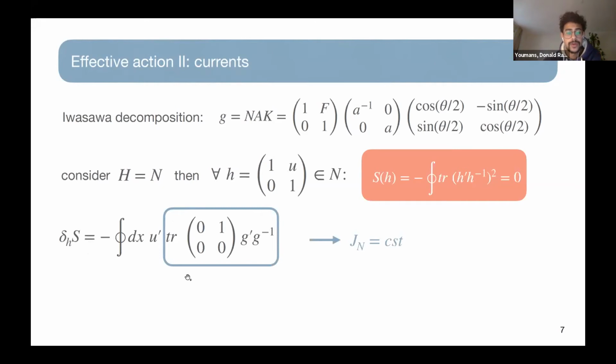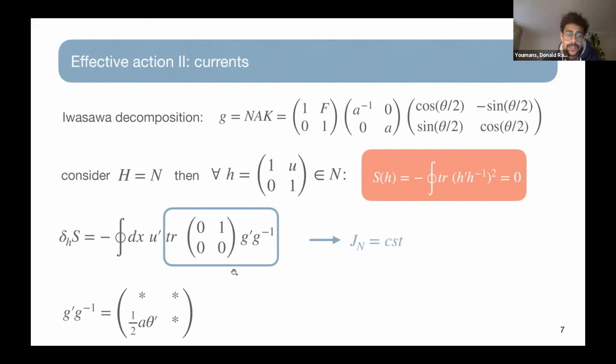And by Noether's theorem, we would say, okay, that this is constant. So this is a preserved current. And it's very instructive to just calculate, because we have an explicit decomposition of G and parametrization, how this Jn looks in terms of Fa and thetas.